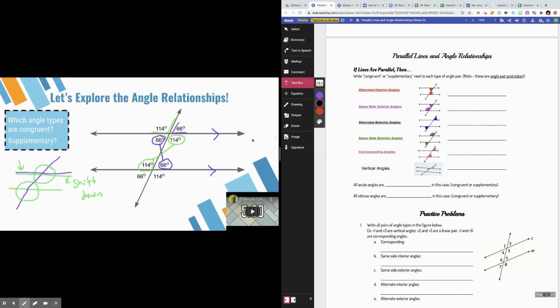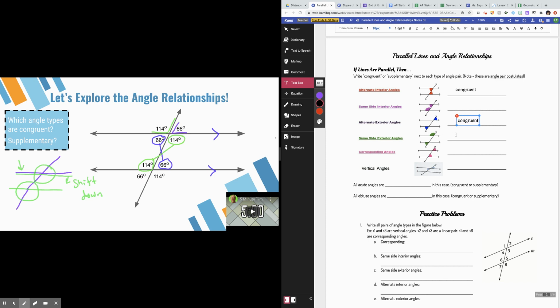So I'm going to write this for you on the right-hand side of the screen, and then I'll show it to you in a second on the left side of the screen. The angle relationships that make congruent angles are the alternate interior and alternate exterior angles.